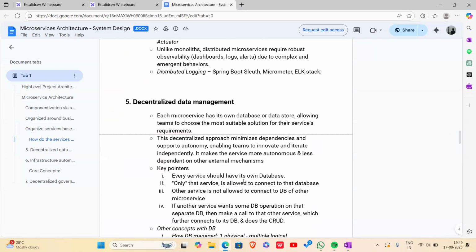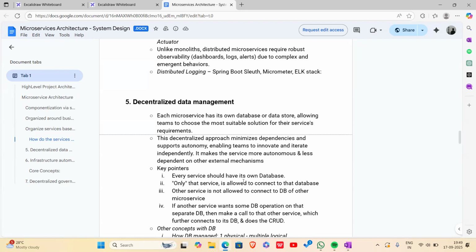Next is decentralized data management. Each microservice has its own database or data store, allowing teams to choose the most suitable solution for their service requirements. This decentralized approach minimizes dependency and supports autonomy, enabling teams to innovate and iterate independently. It makes services more autonomous and less dependent on external mechanisms.